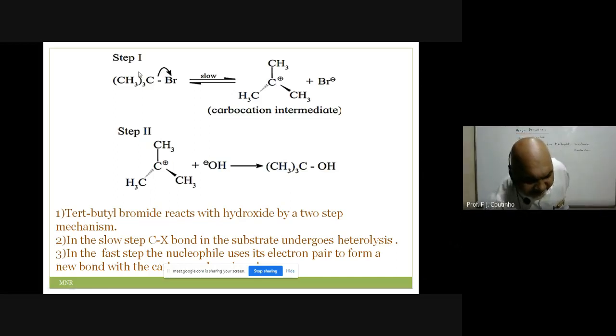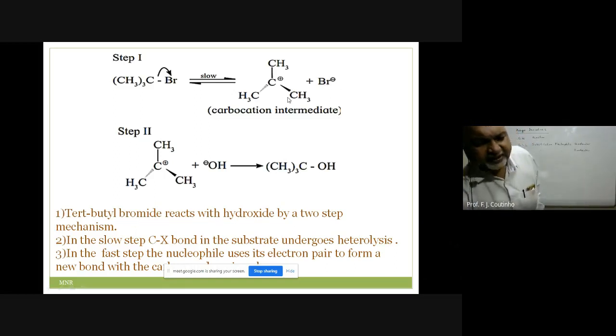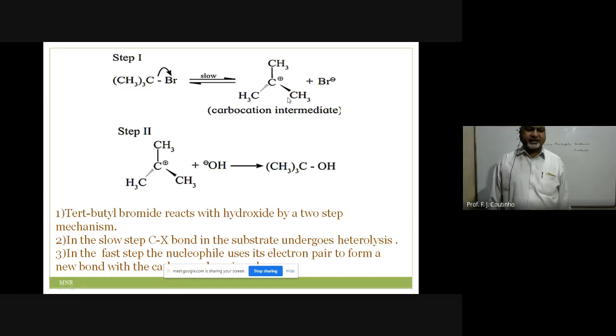Heterolysis means breaking a bond not symmetrically but unsymmetrically. This carbocation has acquired a positive charge and Br minus has acquired a negative charge. So there is a heterolysis taking place, that is unsymmetrical breaking of the bond. Then it is a fast step.